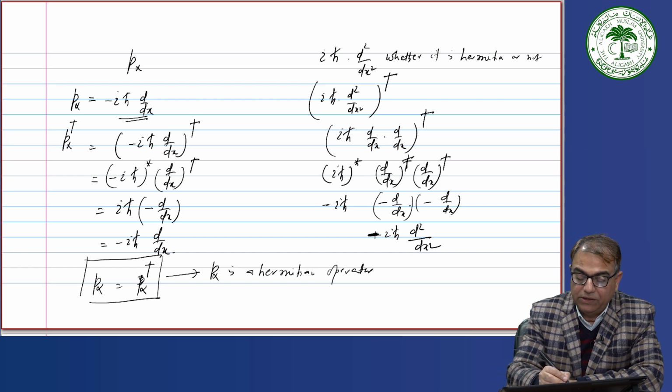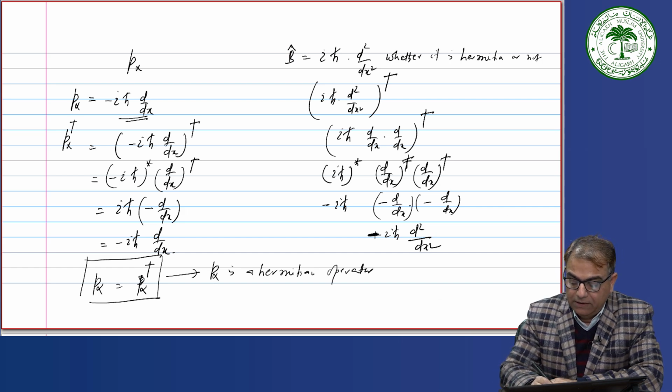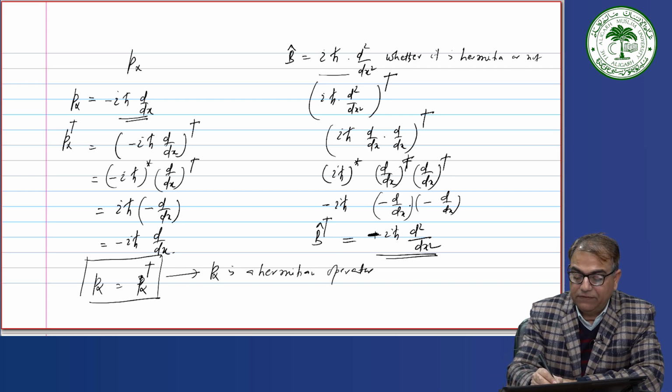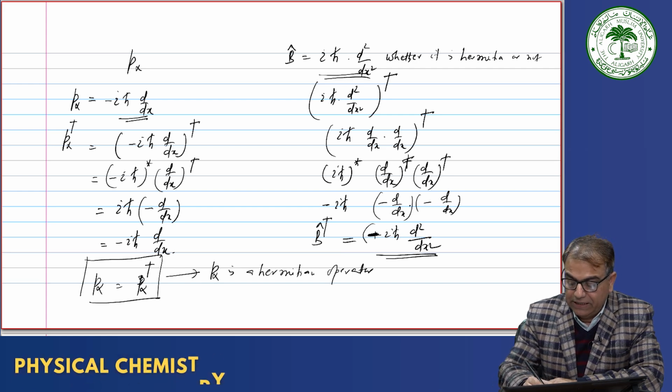So what does it tell you? If I write this as an operator B, then B dagger is actually this. And if you look at this function and this function, you have a negative sign here.